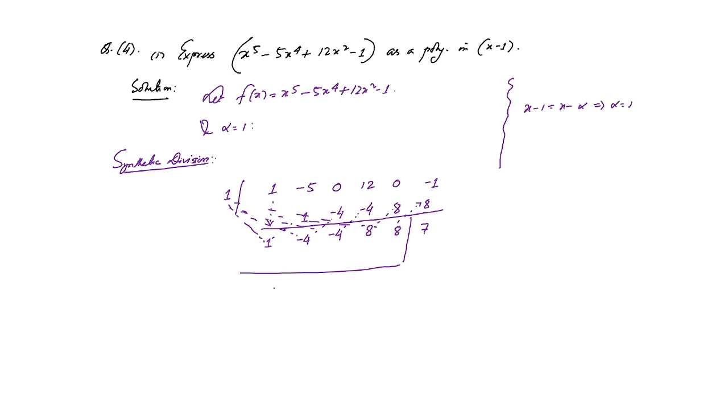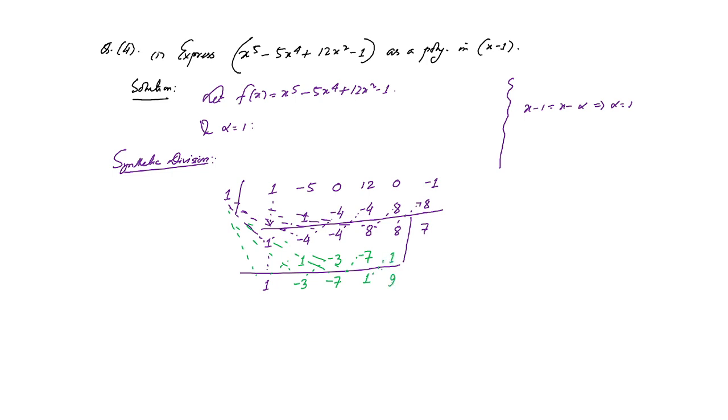Again we apply synthetic division. So we write 1 here. So 1 plus minus 4 is minus 3. So this is minus 7. So 1.